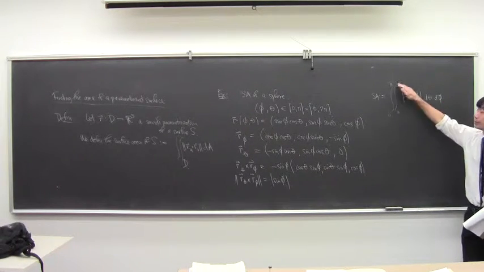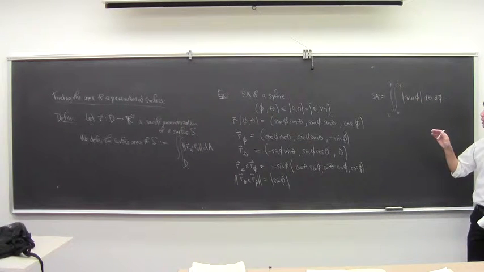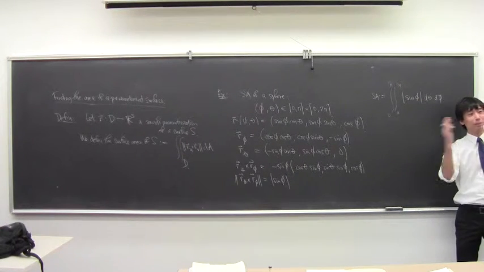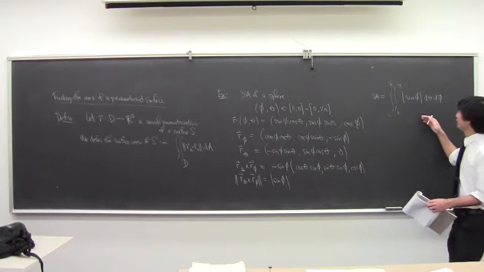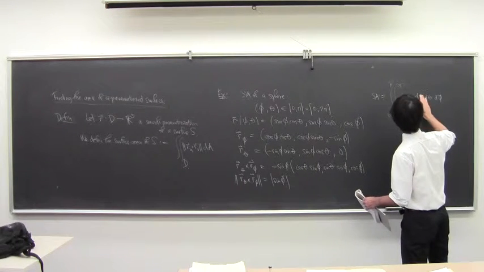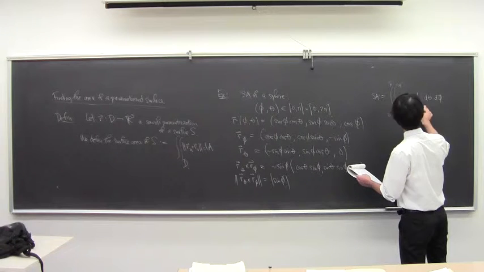As phi goes from 0 to pi, sine is always positive, so we can get rid of the absolute value. When you work it out, you get 4 pi.